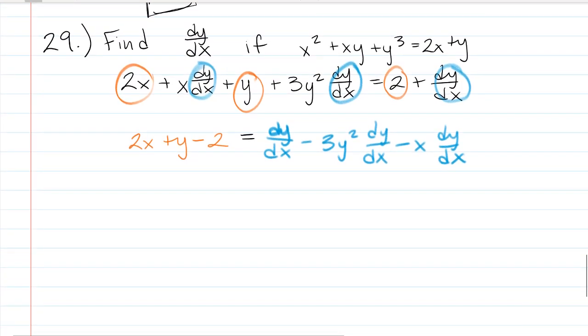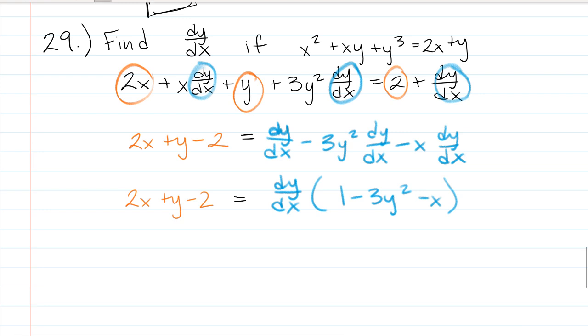So now that we have it isolated, I'm going to factor out the dy dx. So I'll have 1 minus 3y squared minus x. And then from here, we just need to divide both sides by the blue part.